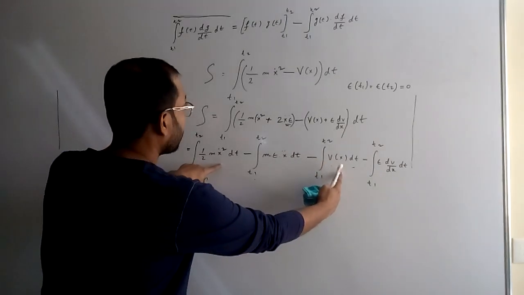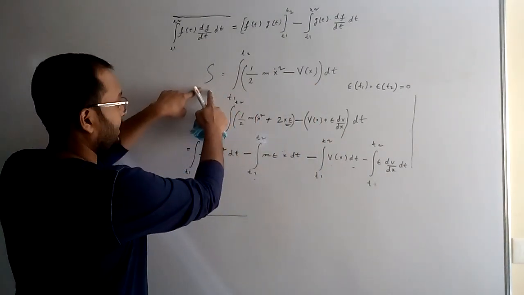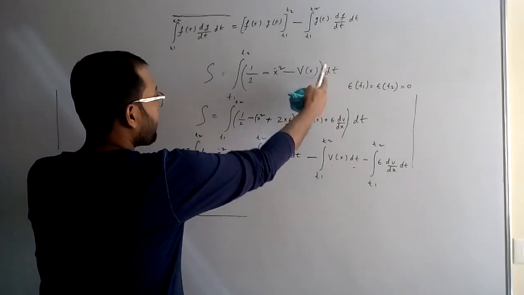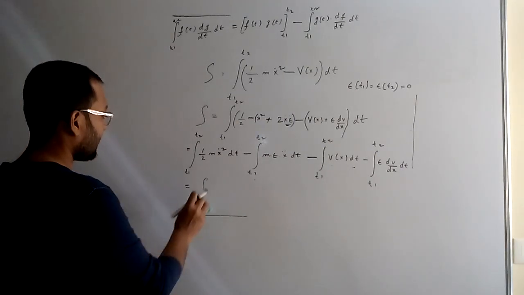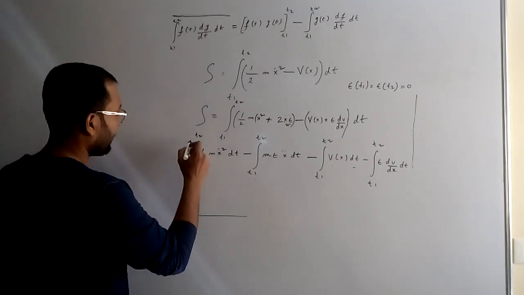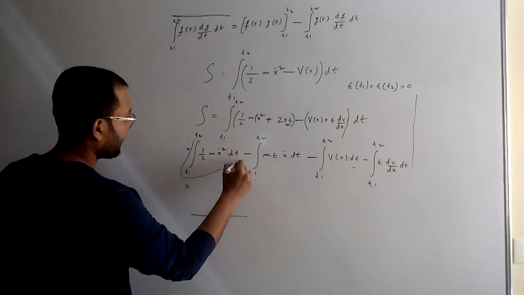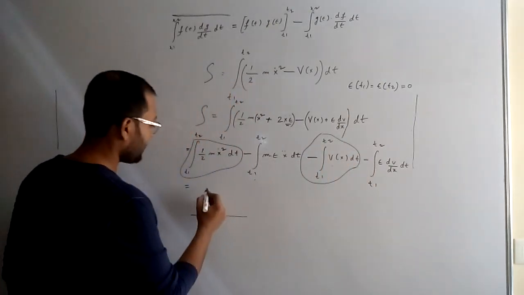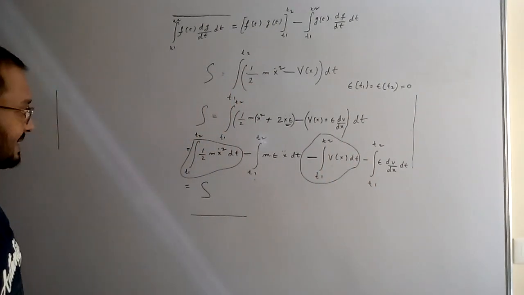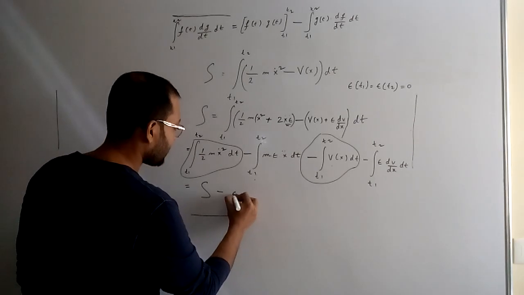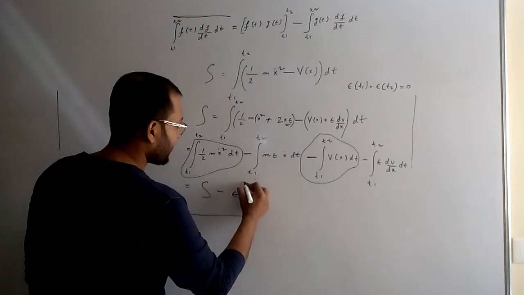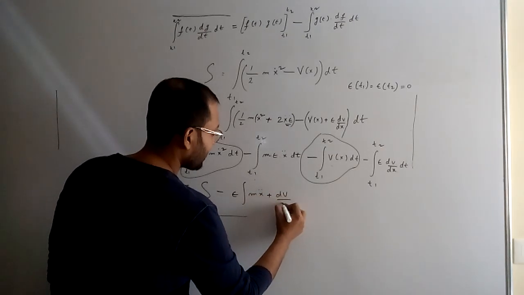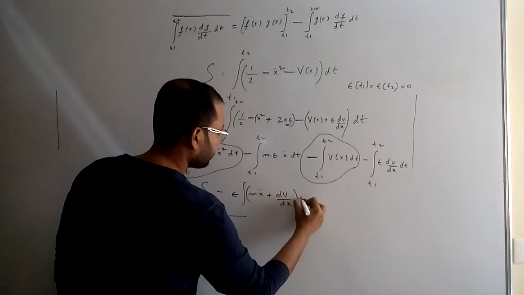I get the action, half m x dot squared minus Vx all integrated in time dt, gives me S. So this term grouped with this term gives me back the action S, and what I'm left with is minus epsilon integration m x double dot plus dV by dx dt.